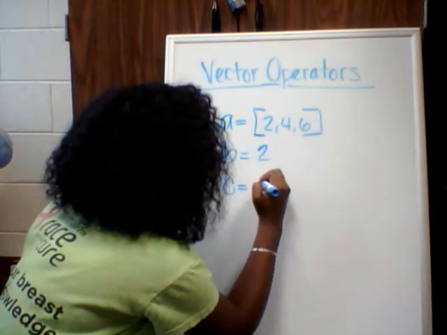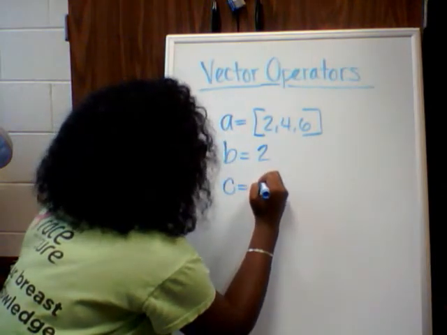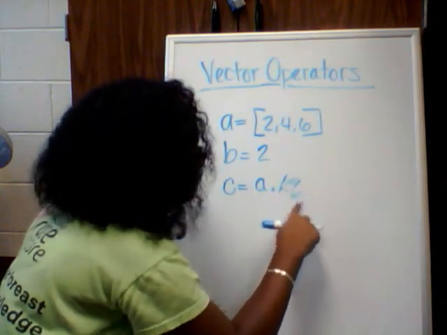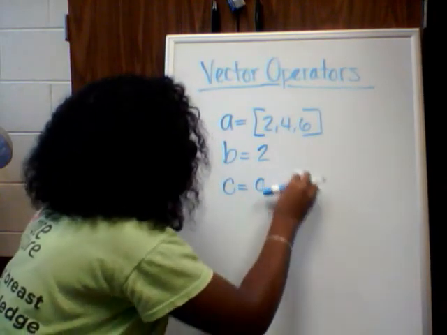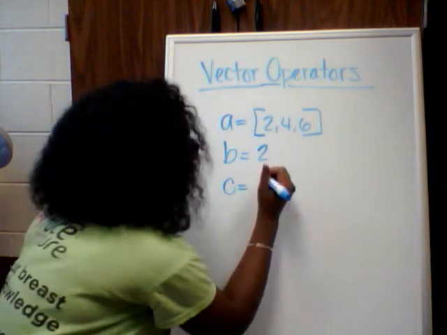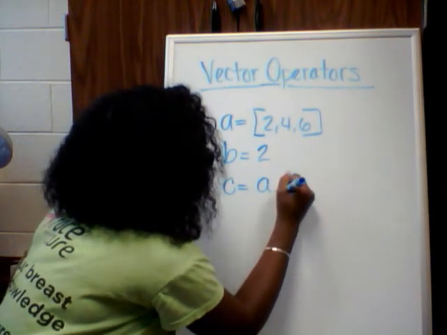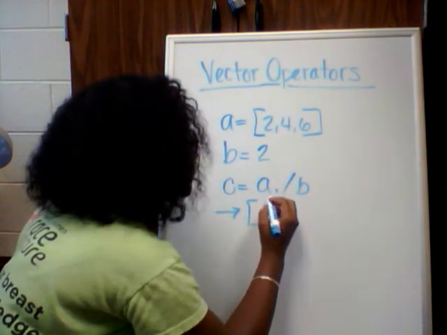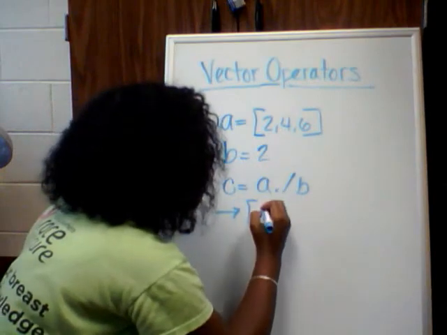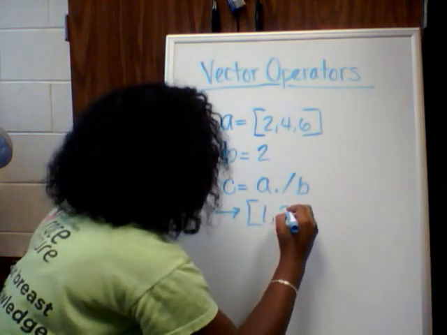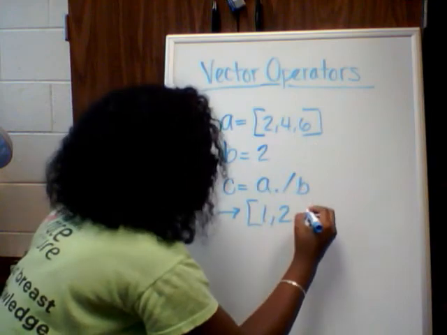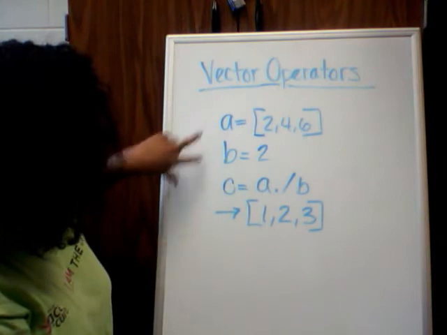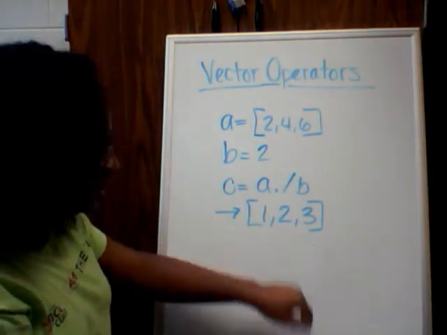So I wanted C to be A divided by B. C would then get the vector 2 divided by 2, which is 1, 4 divided by 2, which is 2, and 6 divided by 2, which is 3. So these two divided by each other have given me the vector 1, 2, 3.